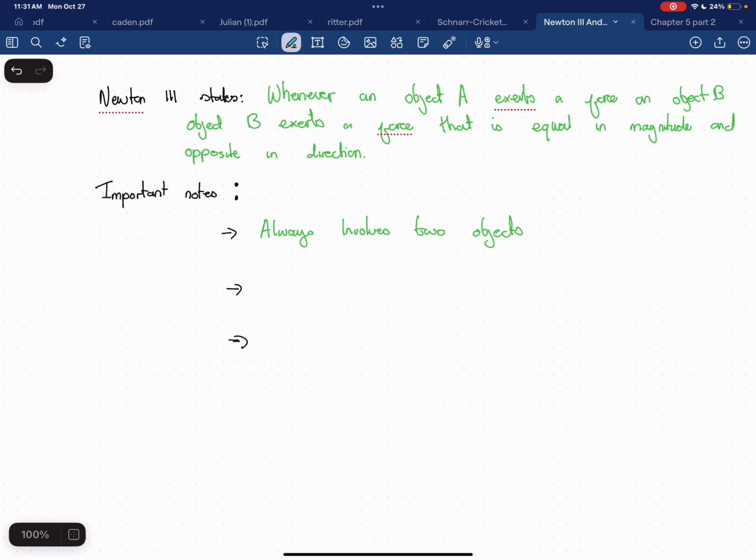Another thing: each force in an action-reaction pair acts on different objects.